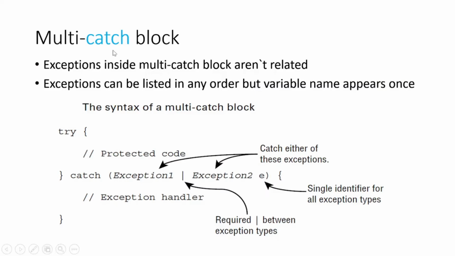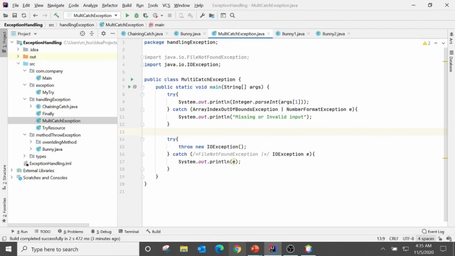That's what it says, that the exceptions inside the multi-catch must not be related. Exceptions can be listed in any order, but the variable name appears only once. Like I can put array here, or it could be here. Okay, but the variable should be only at the last.